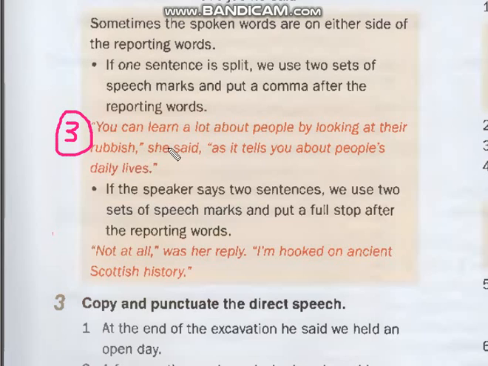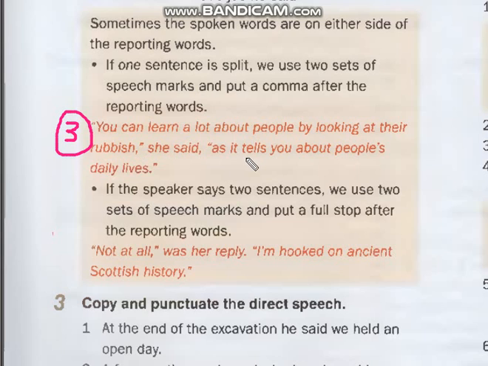Then she said. If he says there are two sentences, I can add speech marks on both sides, before the reporting word and after the reporting word. If I put a sentence before the reporting word, I add a comma inside the speech marks.